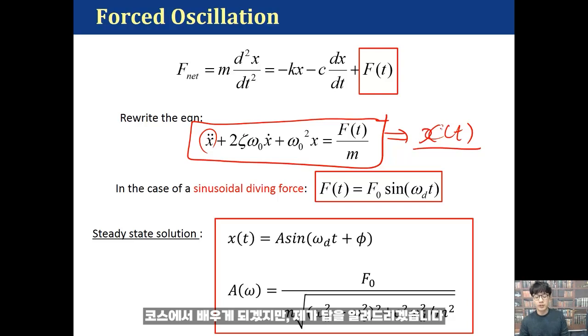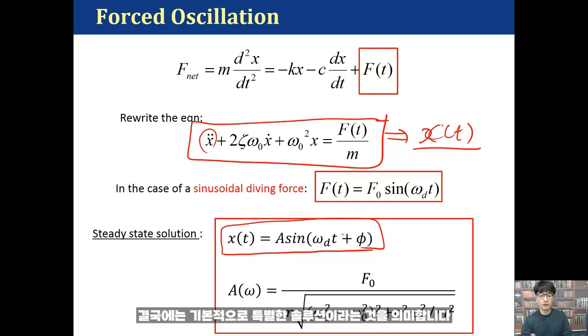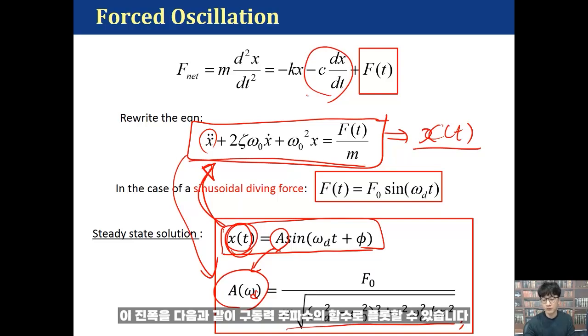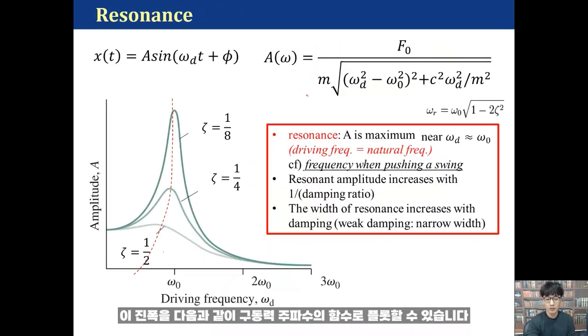This is covered in a mathematics course, some differential equation course, but I will give you the answer. Eventually it's a special solution. If you plug into this equation, you will find that A here actually is a function of omega. We can plot this amplitude as a function of driving force frequency like this.